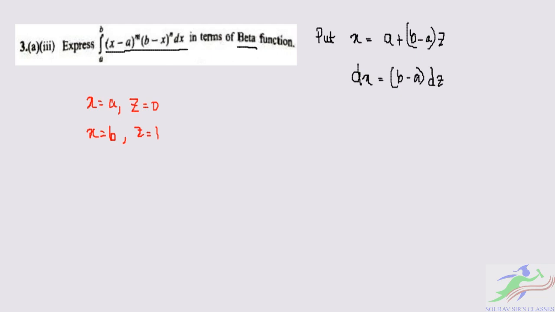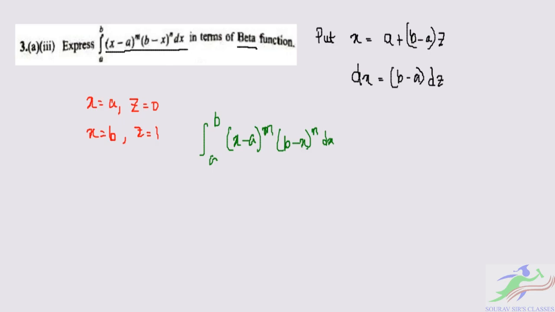So now whatever the integral is given over here, that is integral a to b of (x minus a) to the power m (b minus x) to the power n dx, right? So totally transform it, replace the x with the particular value.